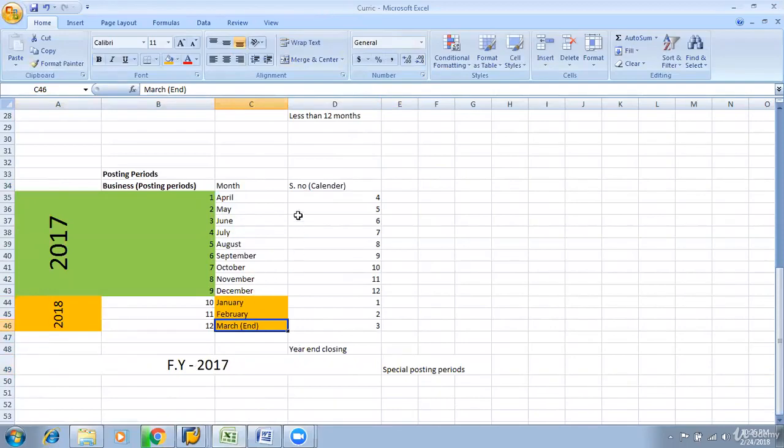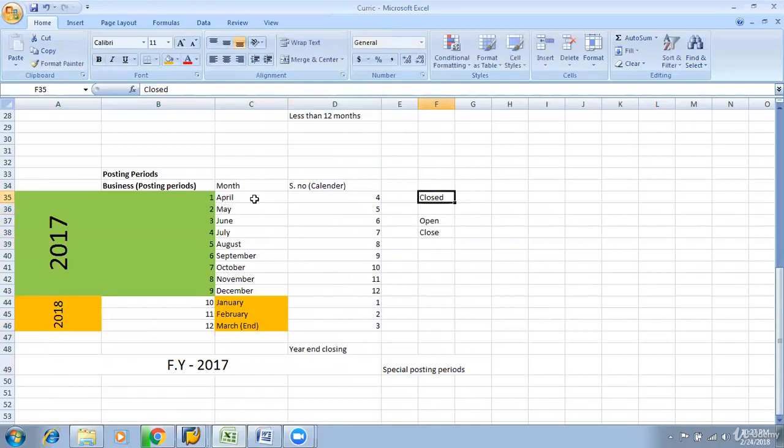Here, let me tell you, when you are into April, the posting period is open. Open means ready for postings. But when you move on to May, April is closed. When you move on to June, June is open, others are closed.